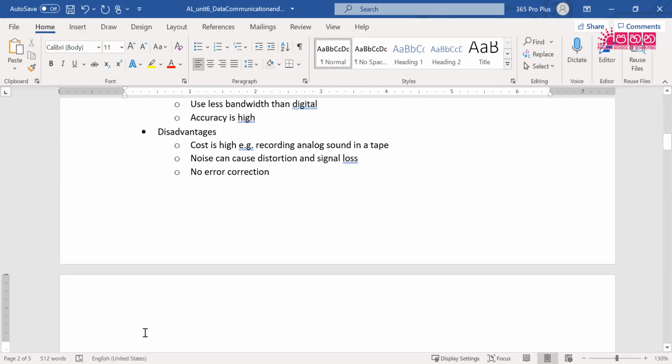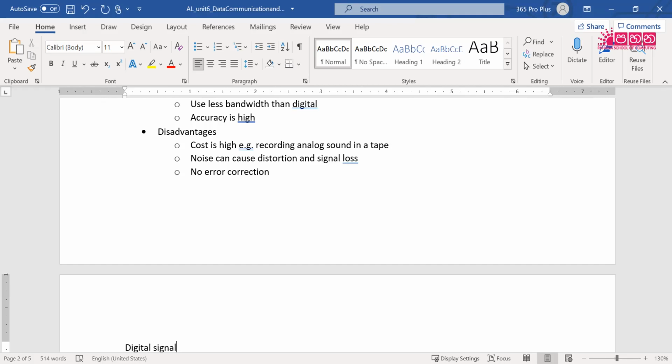Now, next I would like to discuss digital signals. I told you analog is a continuous waveform. Now let's look at digital signals.